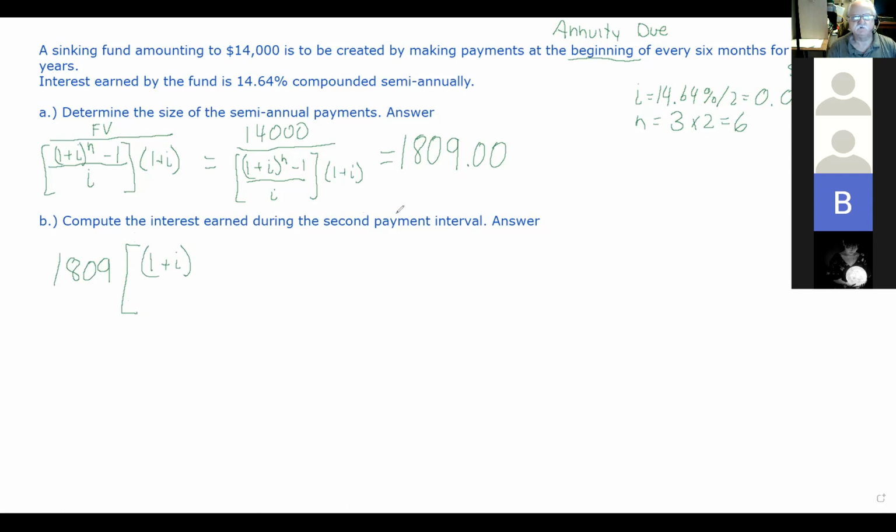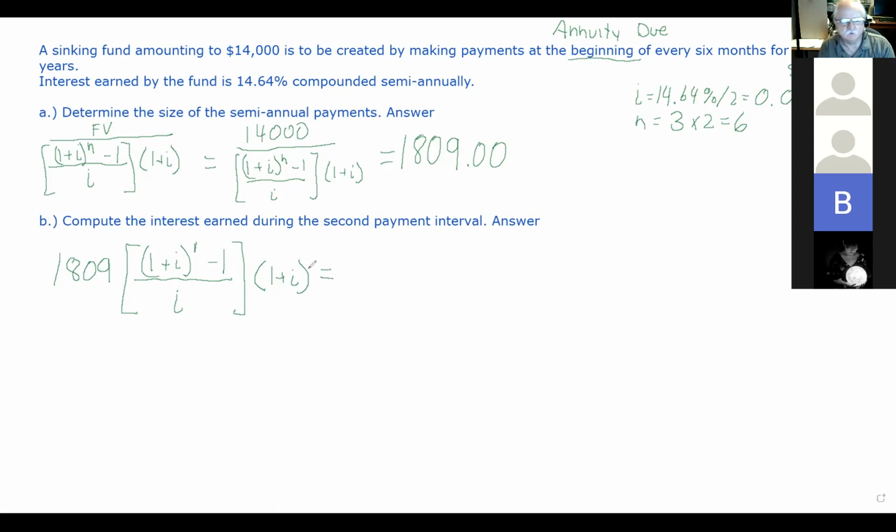Oh no, payment interval. So we're not talking years, we're talking intervals. So it's just 1 minus 1 divided by I. And then because it's annuity due, all this is multiplied by 1 plus I again.